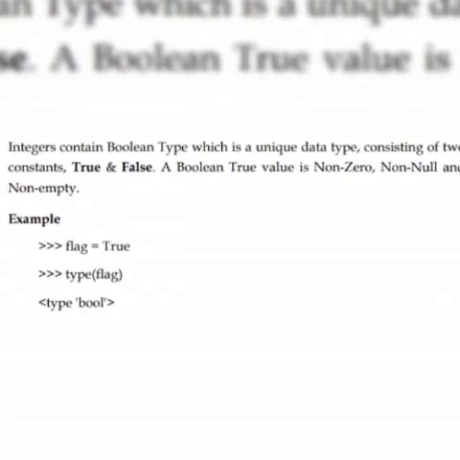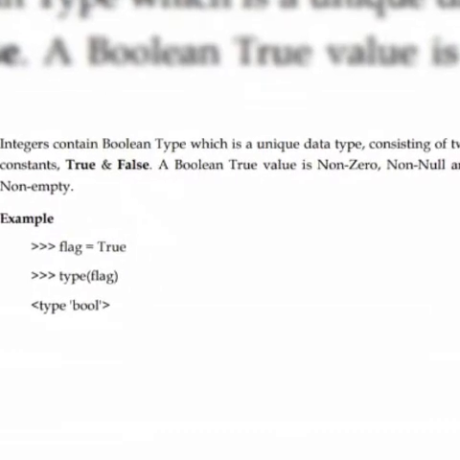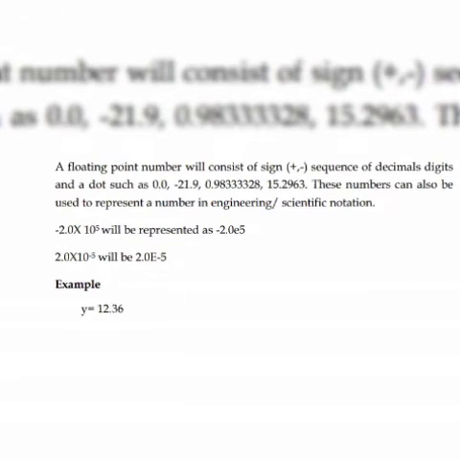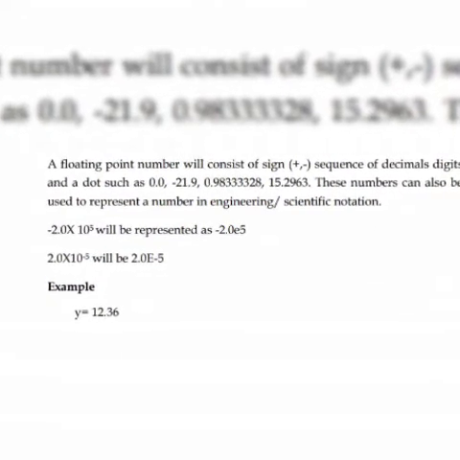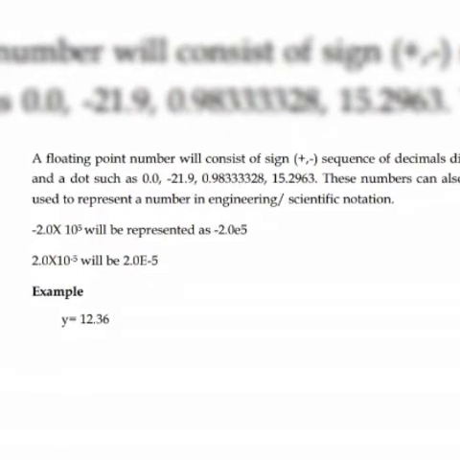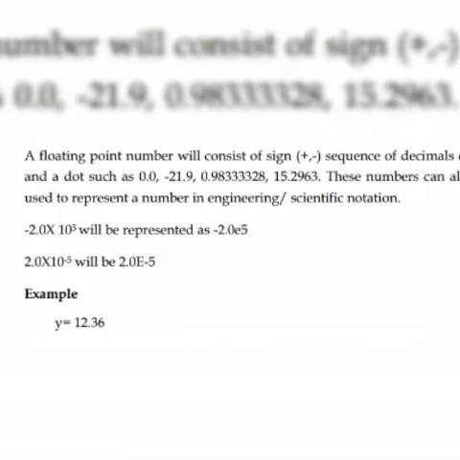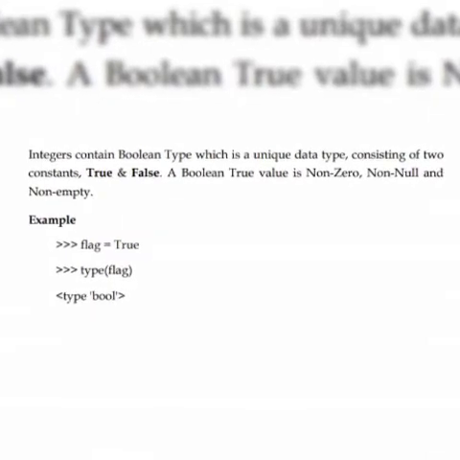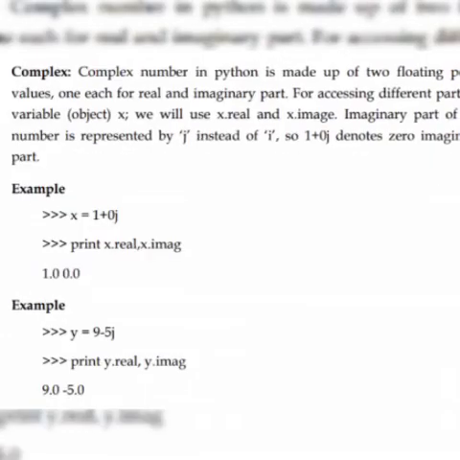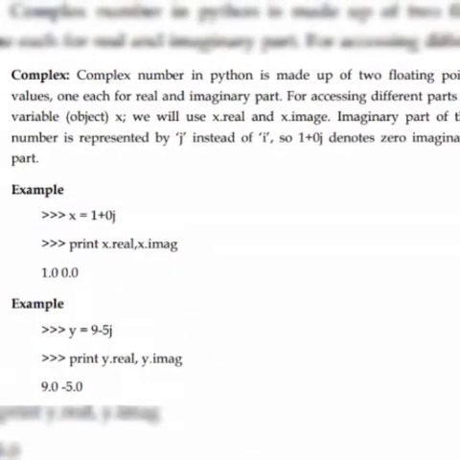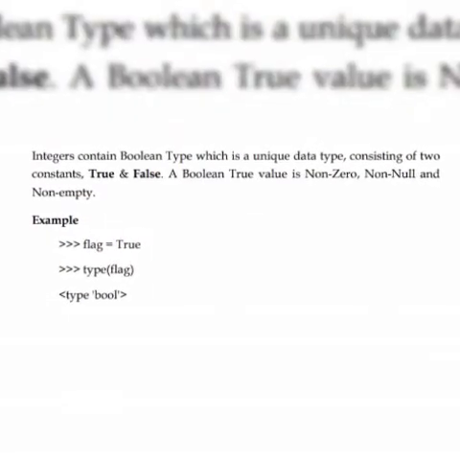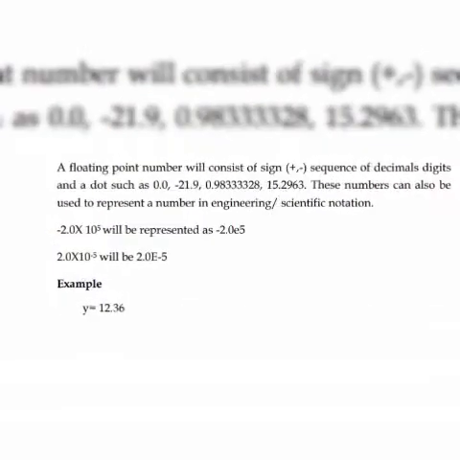For example, if I write plus 0.0, that is a positive number. If I write, for example, minus 21.9, it is a negative number, where 21 is the whole number and 9 is the decimal part.